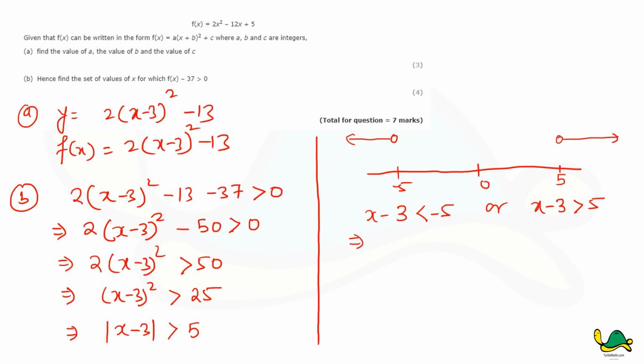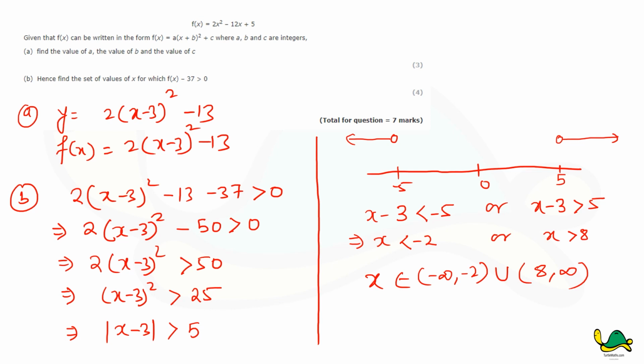If I take this case, it implies that x is less than negative 2 or x is greater than 8. So this is my answer. I can write x is an element of negative infinity to negative 2 union 8 to positive infinity. So that's my answer for the inequality, and that's how you will do it.